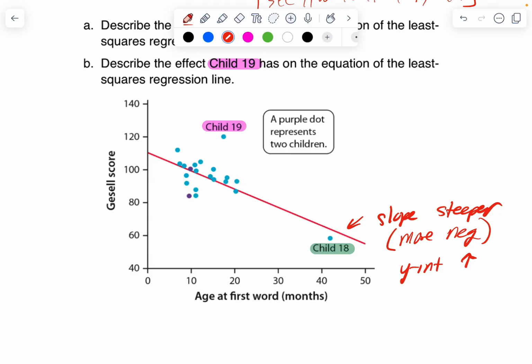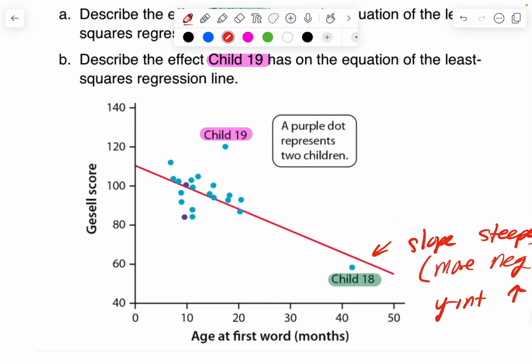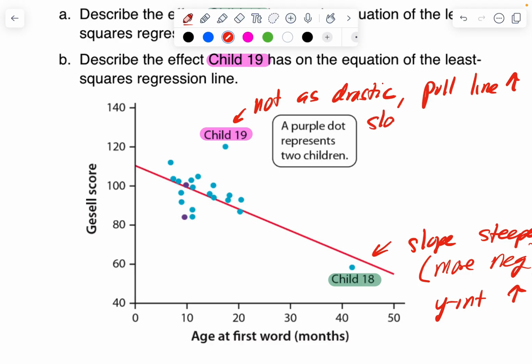What does child 19 do? Well, without child 19 in there, if you covered up that value, its impact is not as drastic. It might be difficult to see. What it will do is pull the line up a little bit, and it's going to be more parallel.